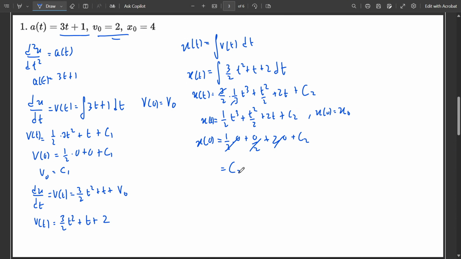We have c2 equals x of 0, which is just x initial. Then we have the particular solution: x of t equals a half t cubed plus t squared over 2 plus 2t plus c2. We found the x initial, so it's 4. That's our particular solution.